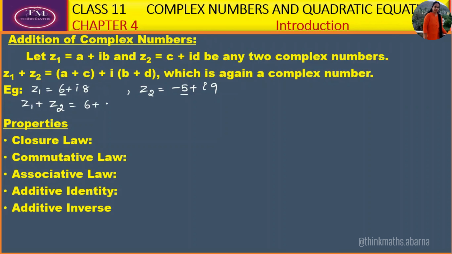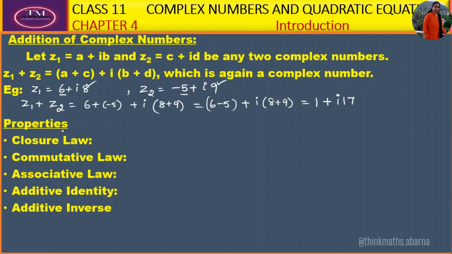So 6 plus minus 5, plus i into the imaginary parts, 8 plus 9. 6 plus into minus is minus, so we get 6 minus 5 plus i into 8 plus 9. What is 6 minus 5? It is 1. So 1 plus i, 8 plus 9 is 17, so 1 plus i17. This is also a complex number. Clear, children, how to add complex numbers?